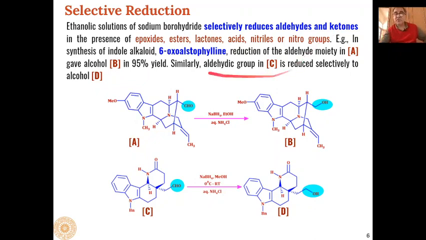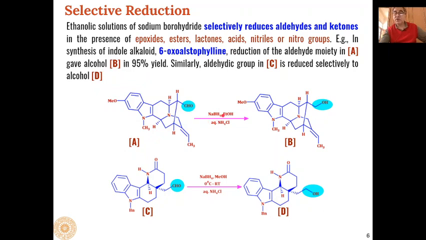So for example, in case of 6-oxo alstophyllin, you can see that this molecule has this carbon-carbon double bond, this methoxy group, this N-methyl group, in addition to the aldehydic group.